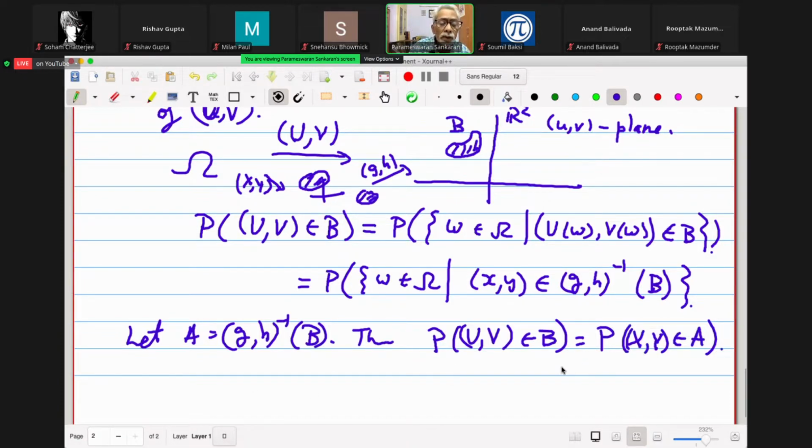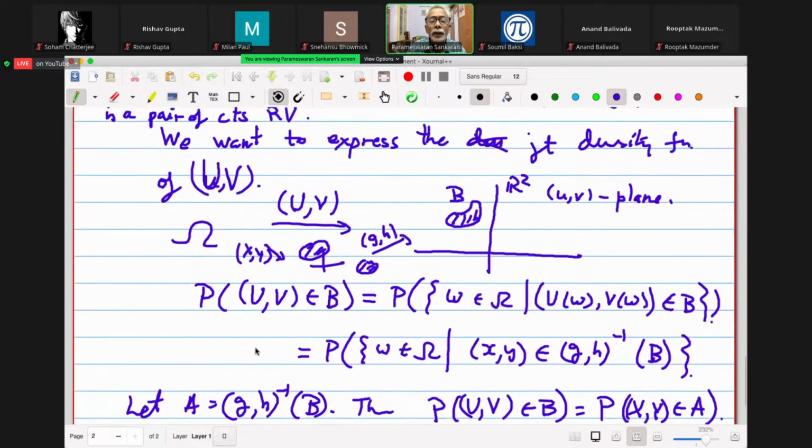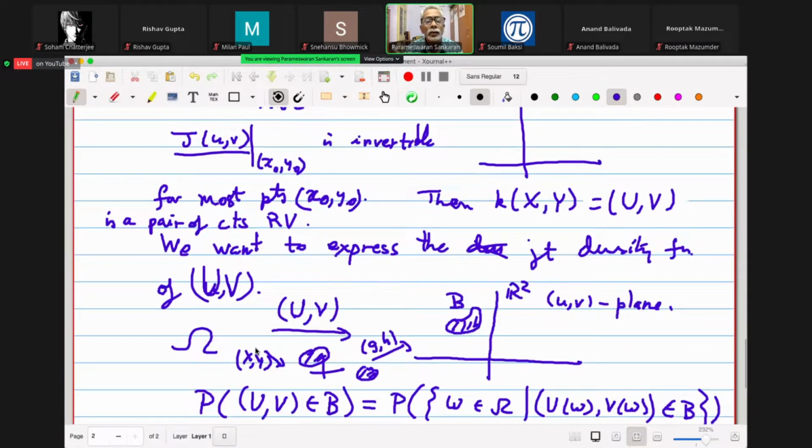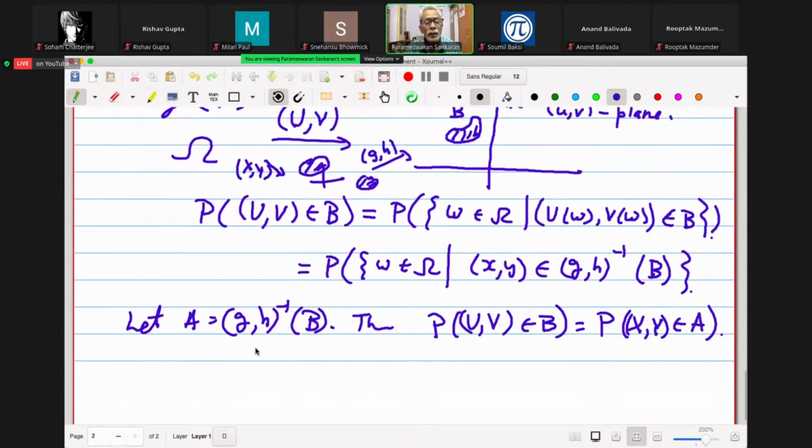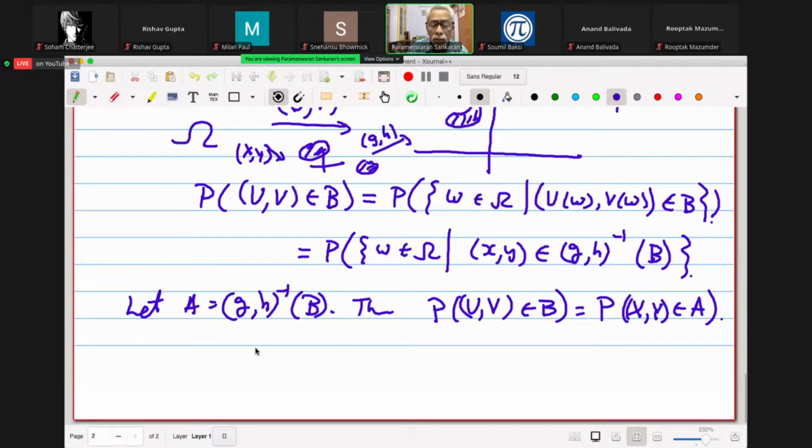And now you see, because you needed to write the inverse, the assumption that we made, that most of the time the Jacobian is invertible, would tell me that the inverse set is something very nice.